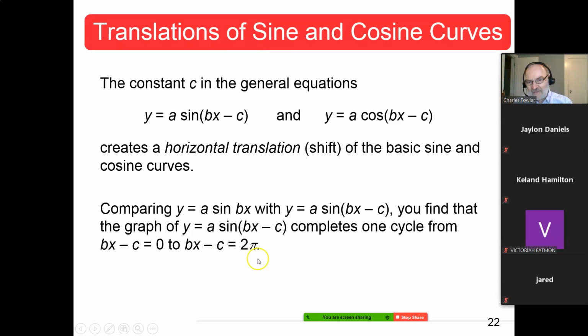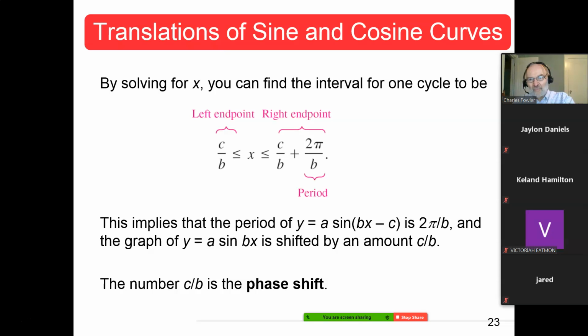So they add c to both sides, and you get bx is equal to c, and bx is equal to c plus 2 pi. Then divide by b, and you get x is equal to c over b, or x is equal to c plus 2 pi over b, which is really an awkward form.